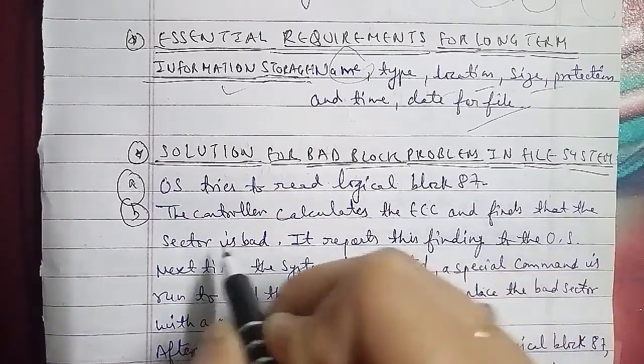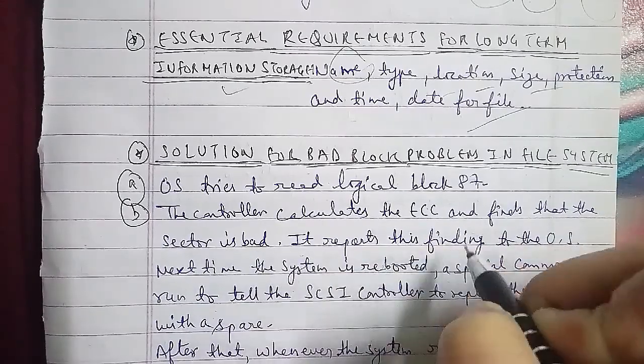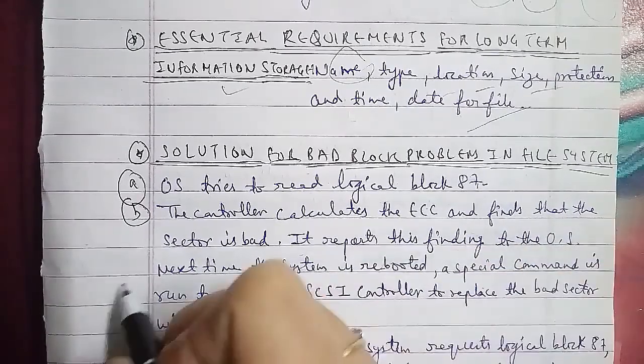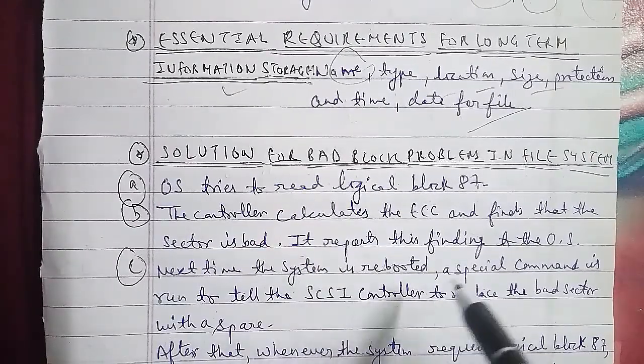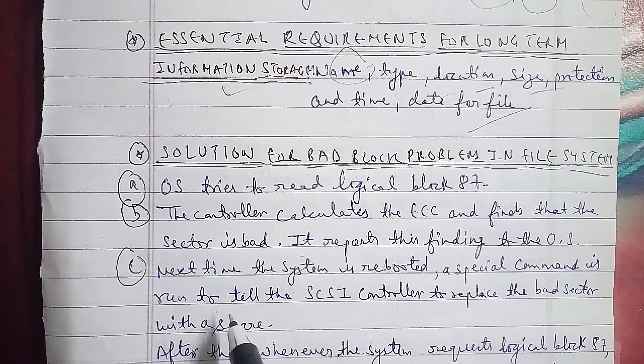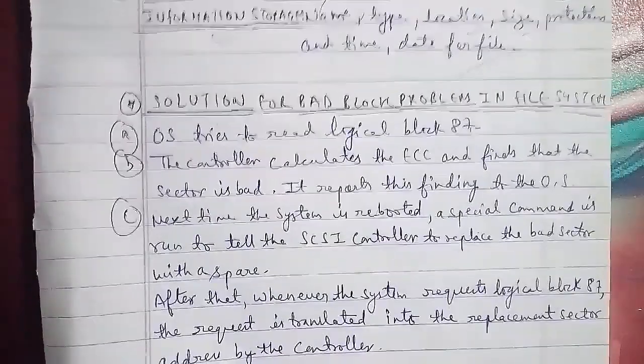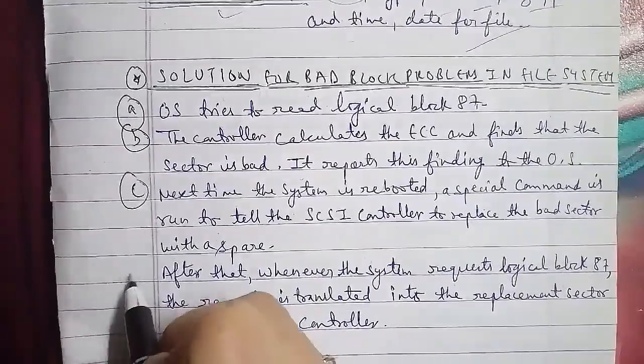Now we'll move ahead with another important one. The various file accessing methods are sequential access, direct access, and indexed access. They can also ask about the attributes of a file, that is, as I told you at the start, the name, identifier, type, location, size, time and date.